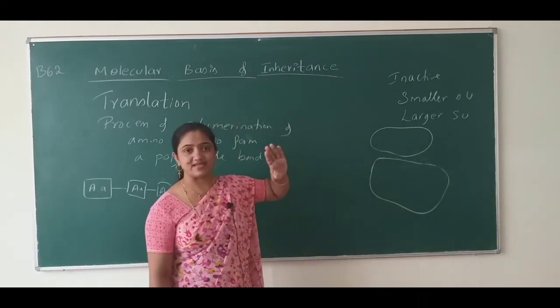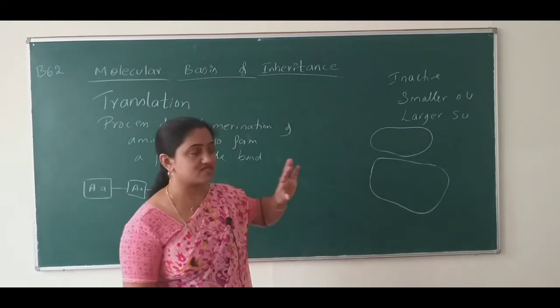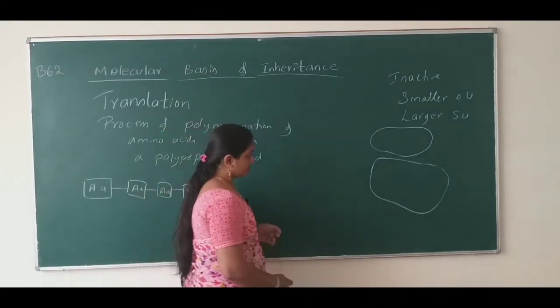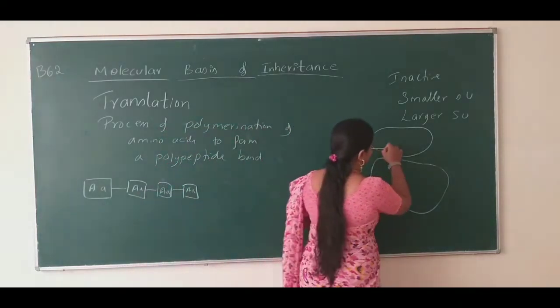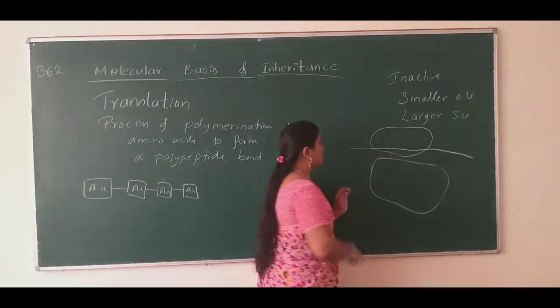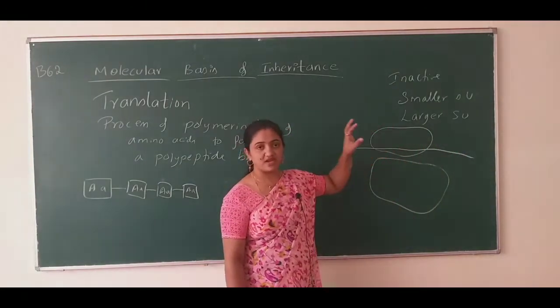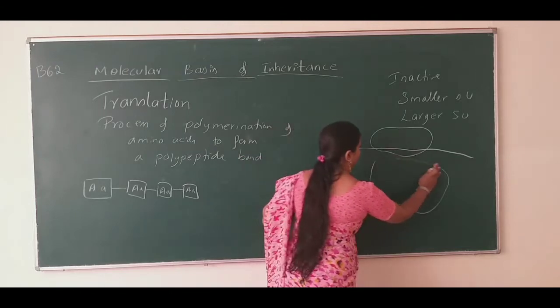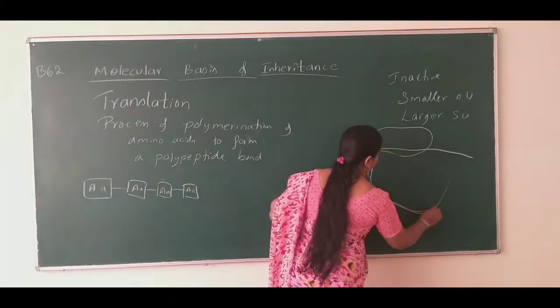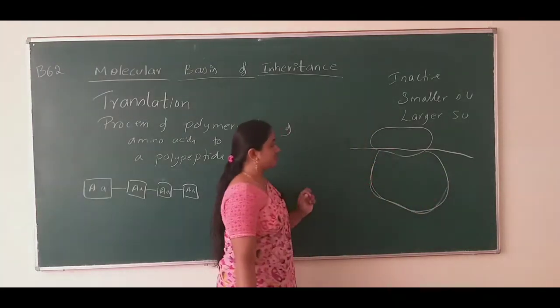When the mRNA comes out from the nucleus, it gets attached to the smaller subunit of the ribosome, and then the larger subunit also gets attached to the smaller subunit.